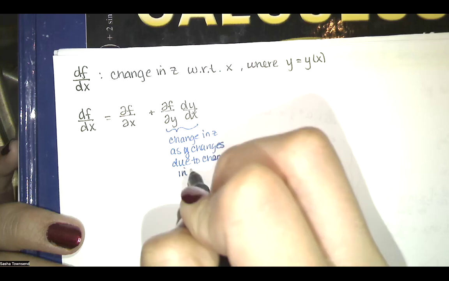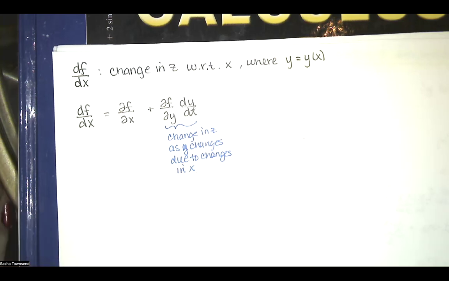It's a little bit confusing, isn't it? Do we say it's the change in z as x changes due to changes in y, or is it the change in z as y changes due to changes in x? It's kind of both, isn't it? Because they're connected. Y is a function of x, and we know that there's that relationship between y and x. So I'm not really sure if I should say as x changes due to changes in y, or as y changes due to changes in x.